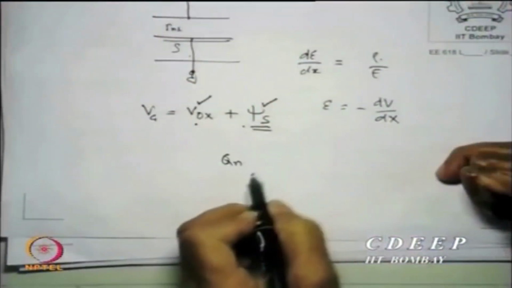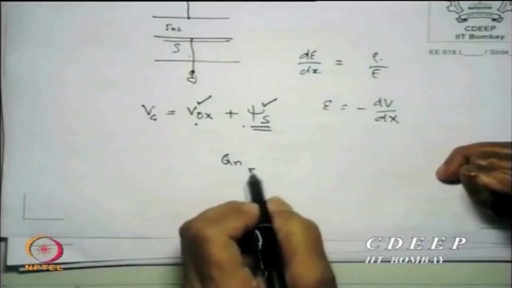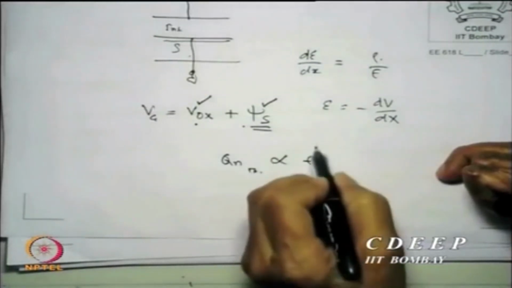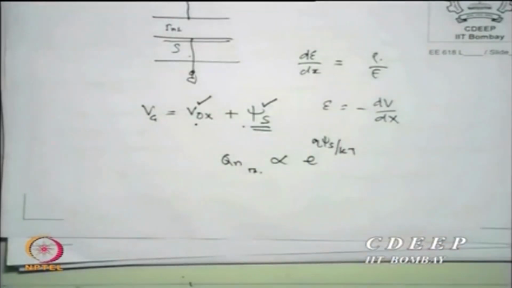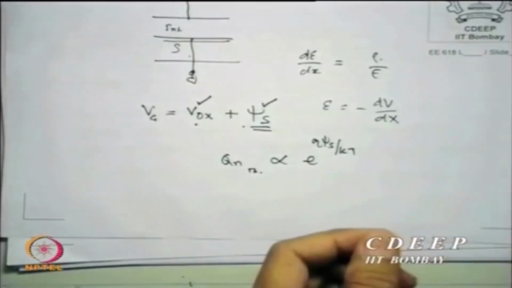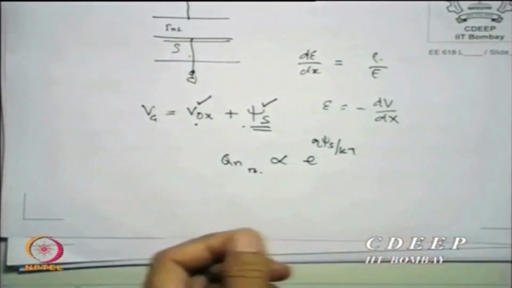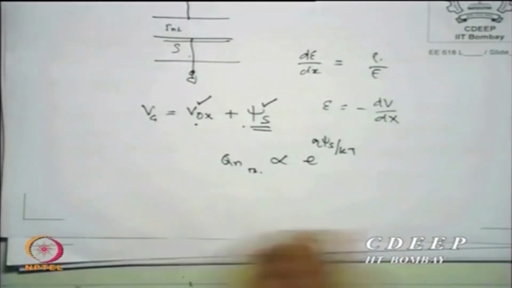Now if I solve Poisson's equation for this, one can see, of course I will not go into the theory, the inversion charge due to these thermally generated carriers is proportional to e to the power q psi s by kT, which means a very small change in psi s can create a larger negative charge.